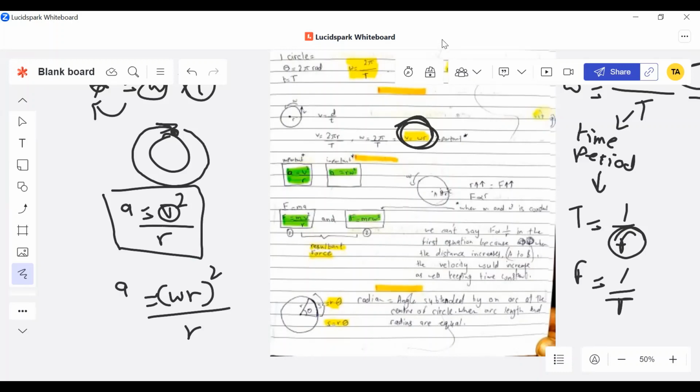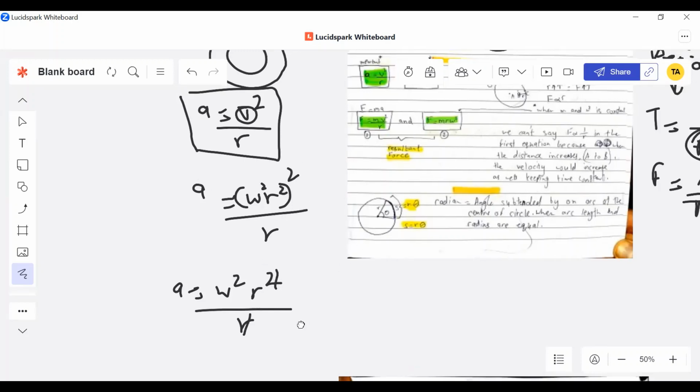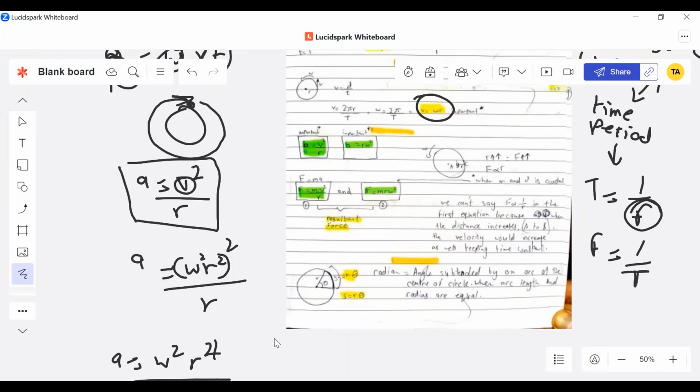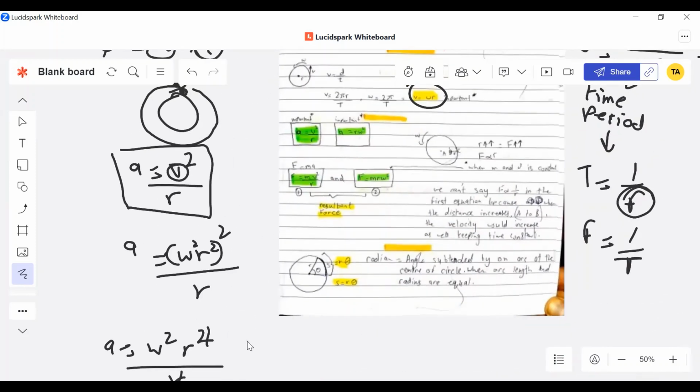So this omega gets squared and this r also gets squared. So A would become omega squared r squared over r. I can cancel r, and I get another formula, which is A is omega squared r.